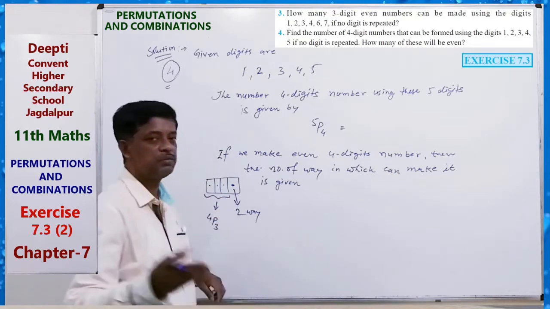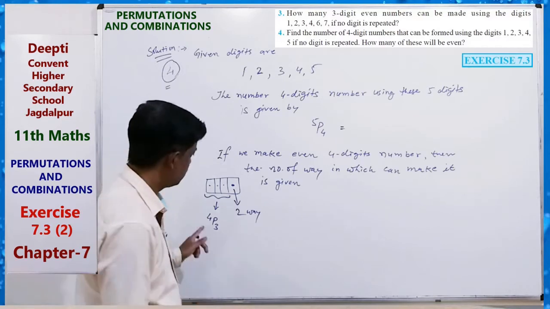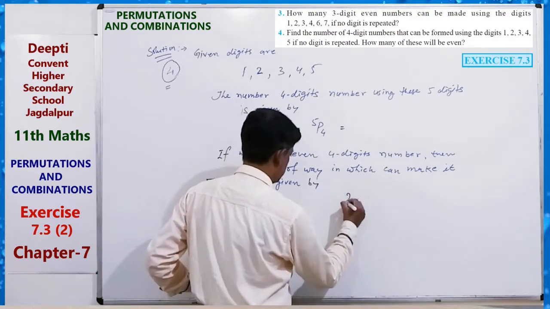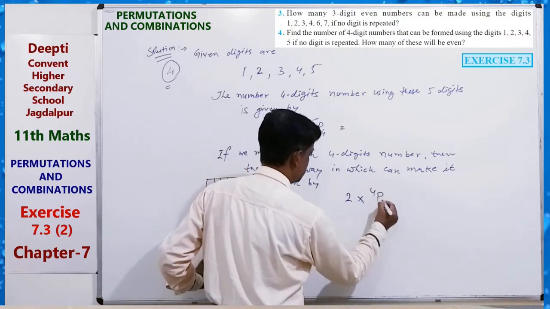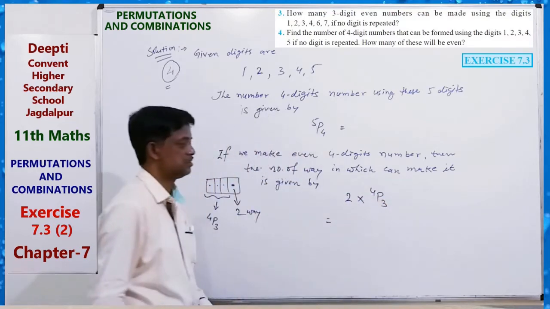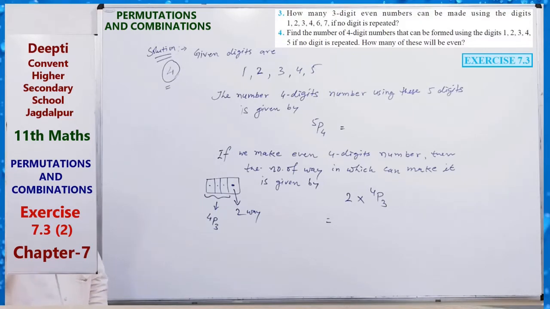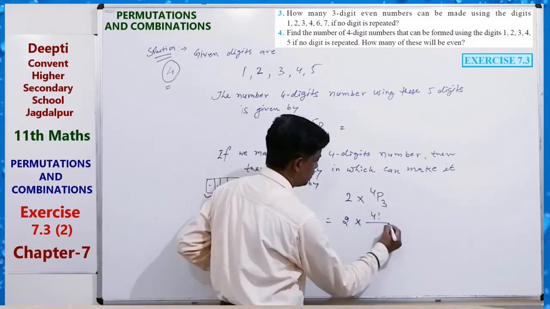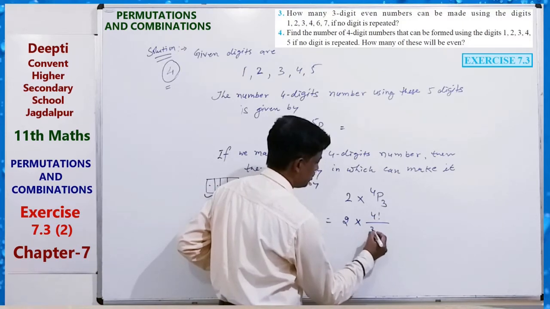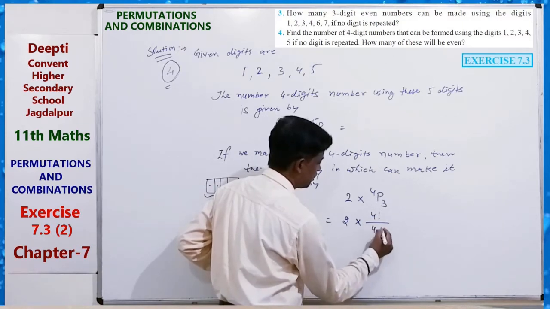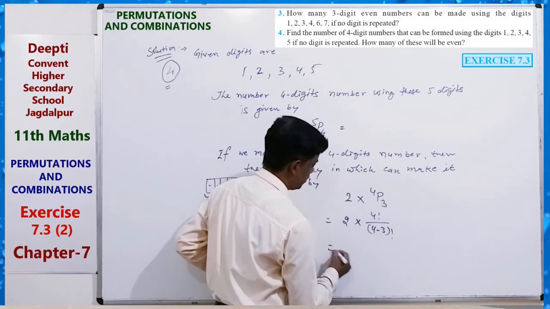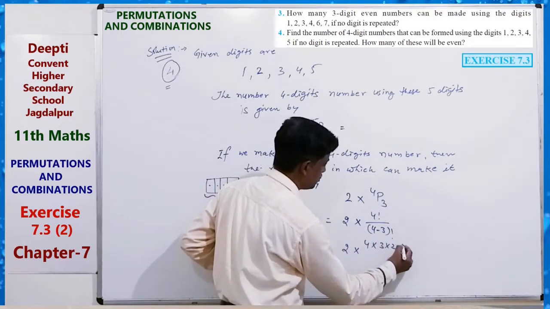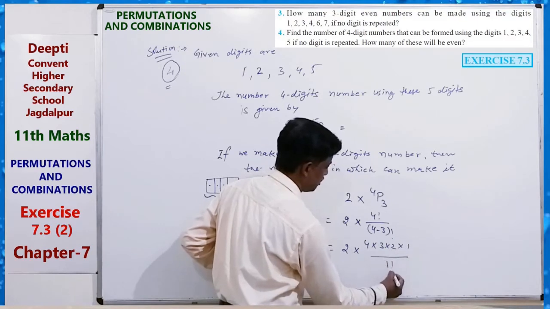So by the multiplication rule, 2 into 4p3. Okay. So 2 into factorial 4 upon 4 minus 3 factorial, 2 into 4 into 3 into 2 into 1 upon 1 factorial.